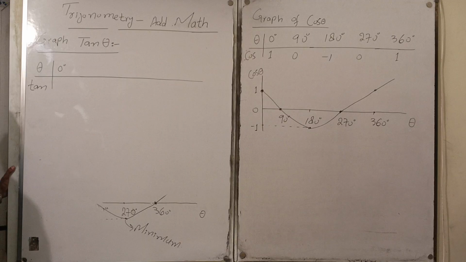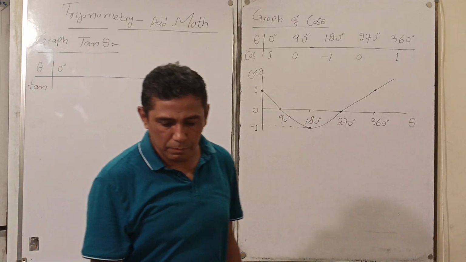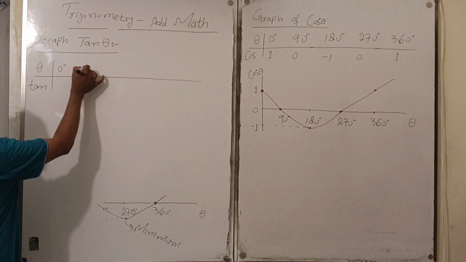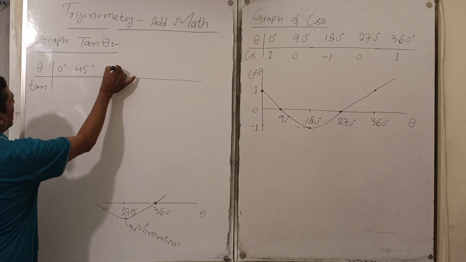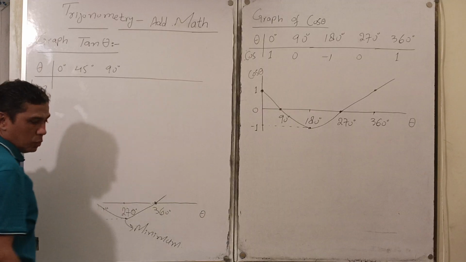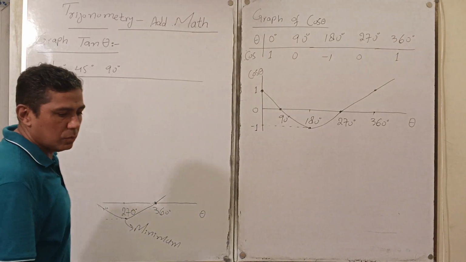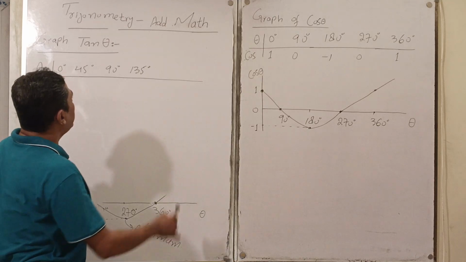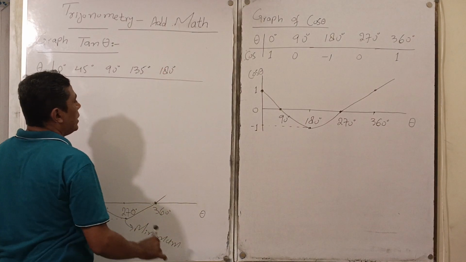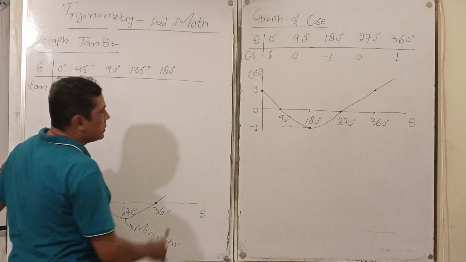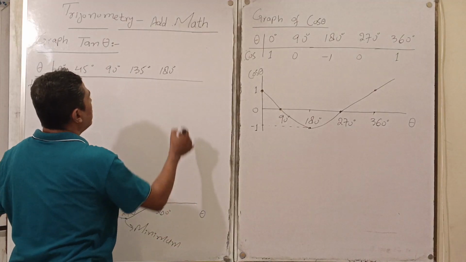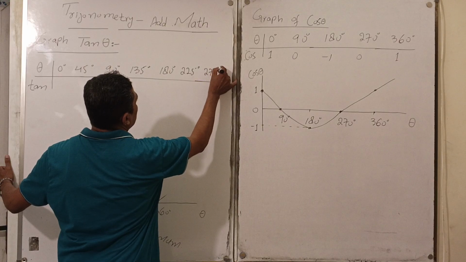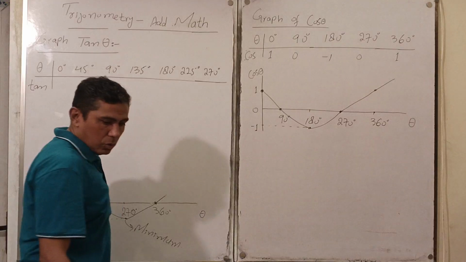Between 0, for example, we take 0, now 45 degrees, 90 degrees, for example 135 degrees, and this one is 180, and again 225, and 270, and so on.